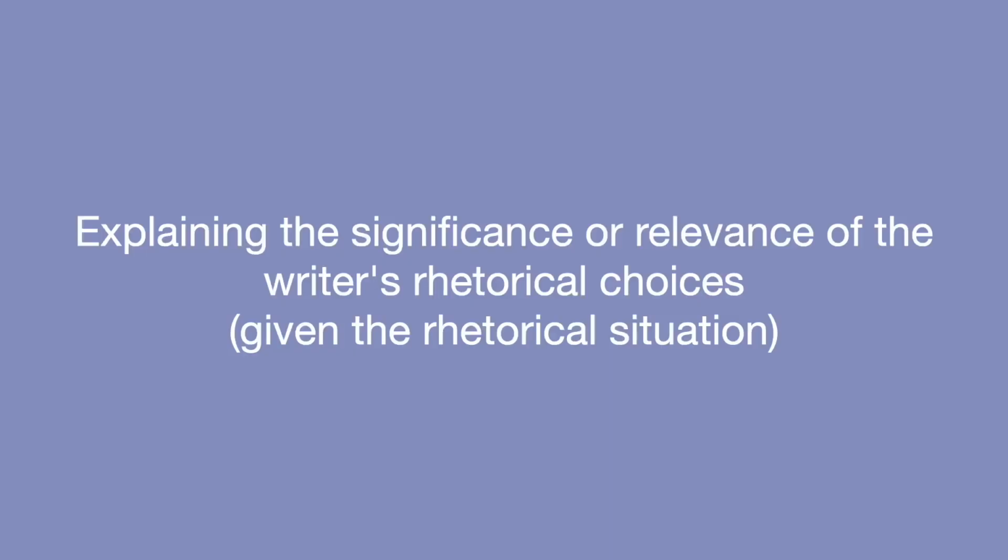Today, I'm showing you a second method, explaining the significance or relevance of the writer's rhetorical choices given the rhetorical situation. This method works particularly well when there is clear audience or specific historical contexts. Let's return to the 2024 prompt and I'll show you exactly how to do it.